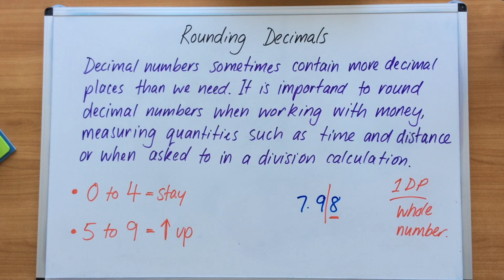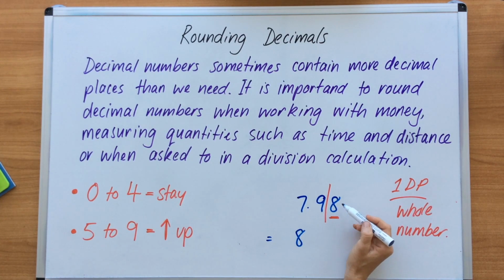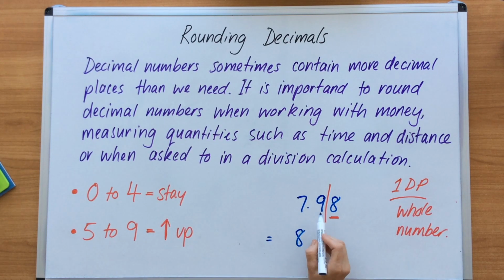We can't go up from 9 because 9's already there. So technically, our answer is going to round up to the number 8. I'll show this again. This is the looking number of 8. It tells me that this rounding number must go up. Because it's a 9, it rolls the whole number into an 8.